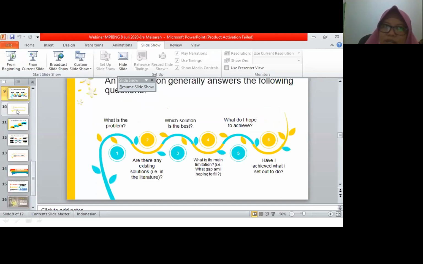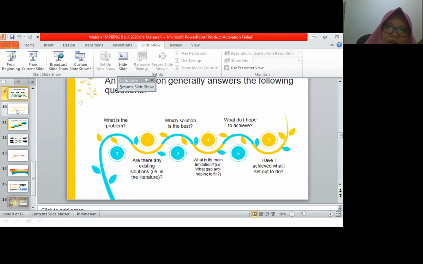So it is the focus of our writing in the introduction. The problems will guide the writer to write descriptions, to introduce the contents in part one of the thesis and the dissertation itself.